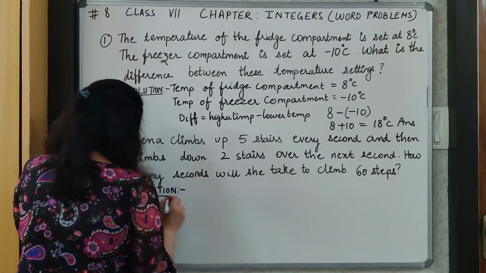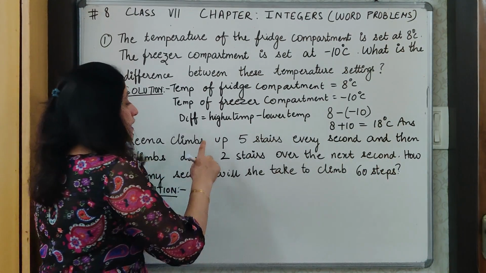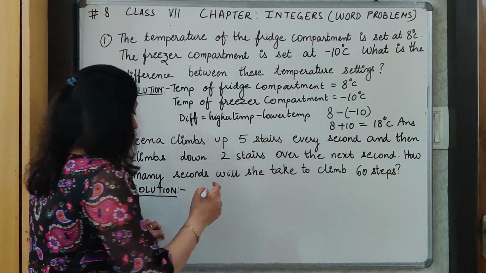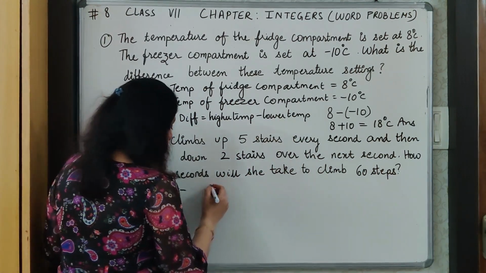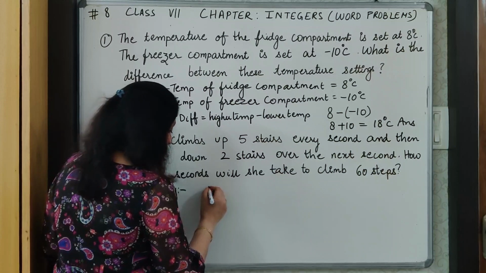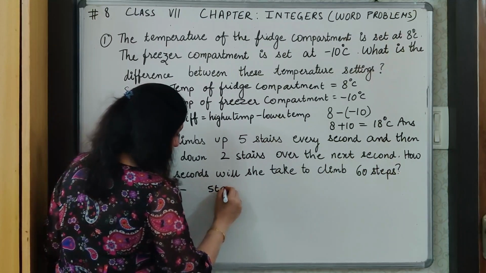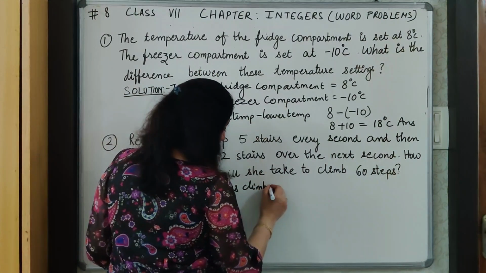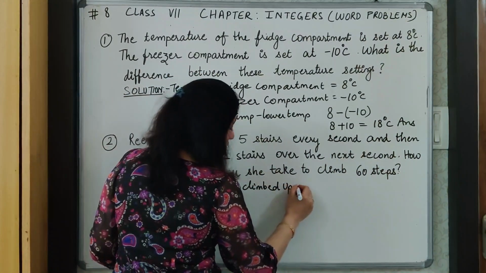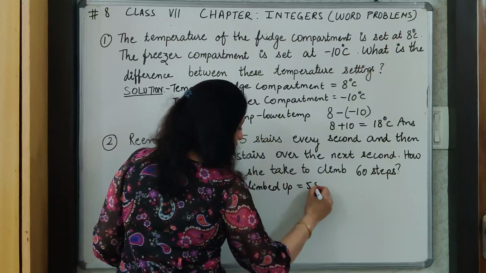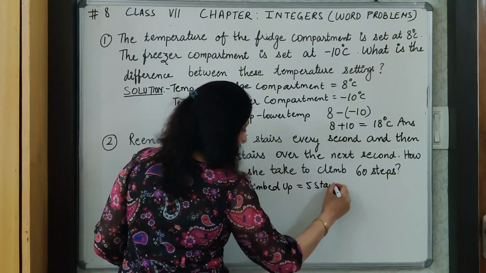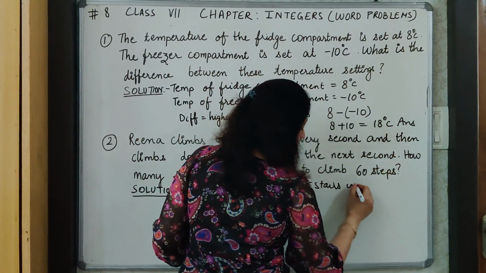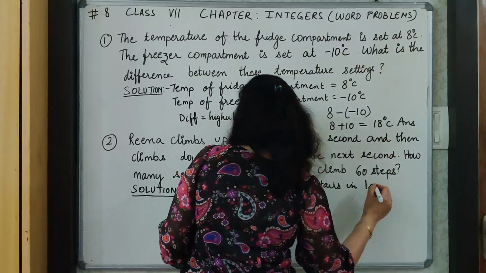Now the solution to this question is that Reena climbs up 5 stairs. Stairs climbed up is equal to 5 stairs in 1 second.